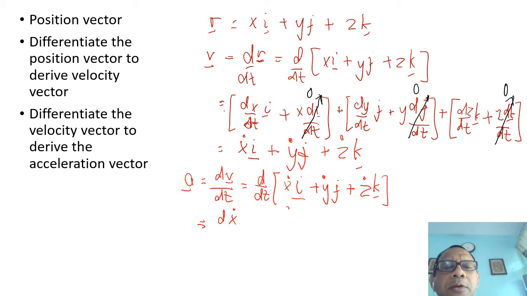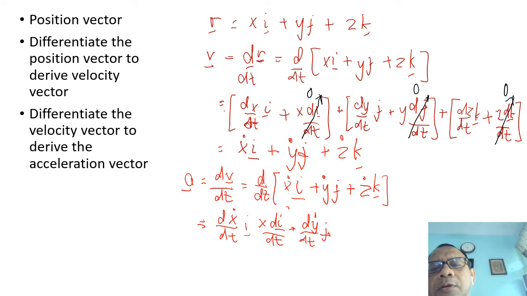d(x dot)/dt i plus x di over dt, plus d(y dot)/dt j plus y dot dj over dt.